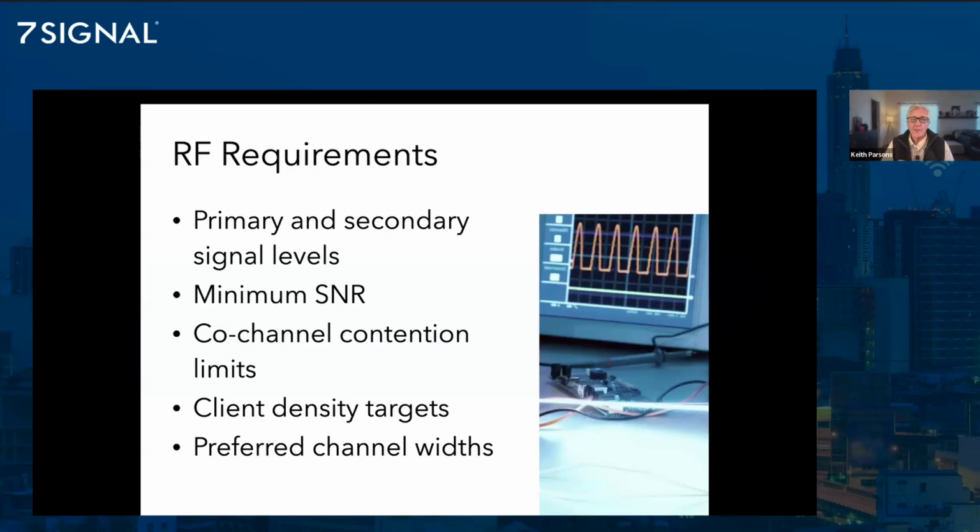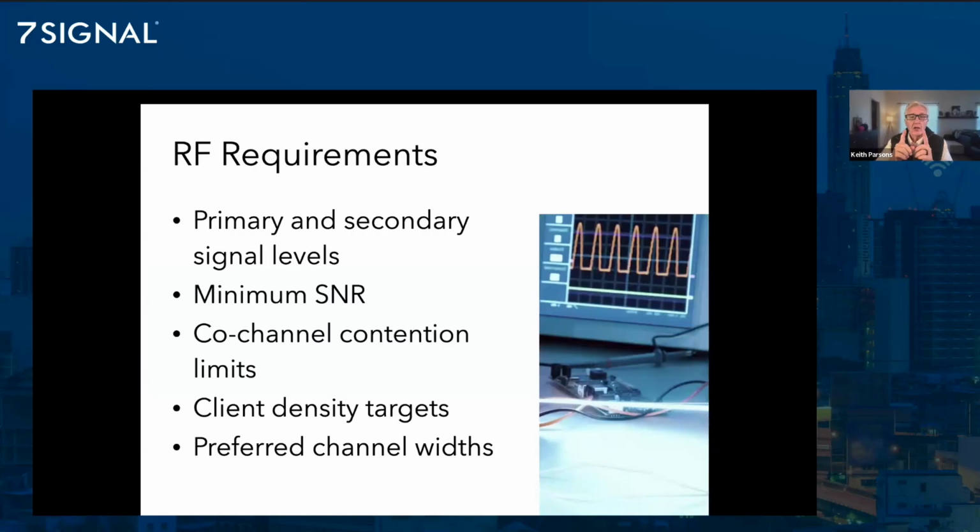A lot of times we have people who ask for things that probably aren't a good thing to ask for, partially because they don't know any better. A lot of them don't know that when you go to wider channels, you're increasing the chances of having co-channel interference. So simple rule of thumb for channel width, go to the widest channel you can until you can't. How do you know you can't? Well, when you get co-channel interference.